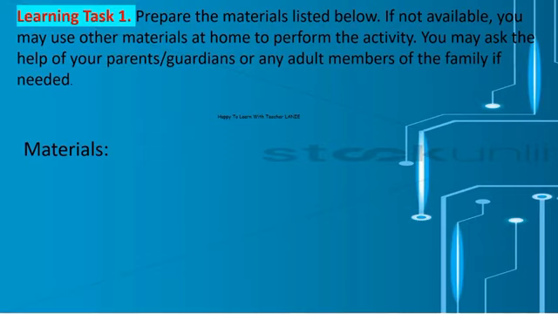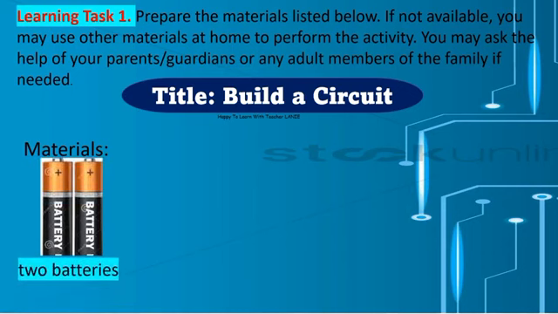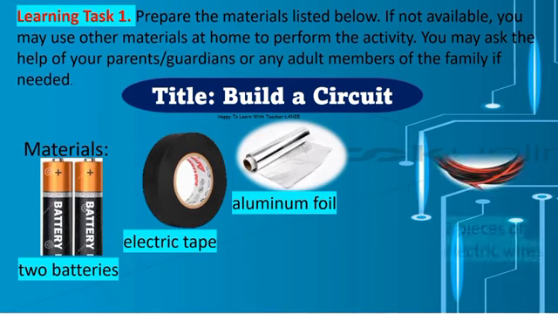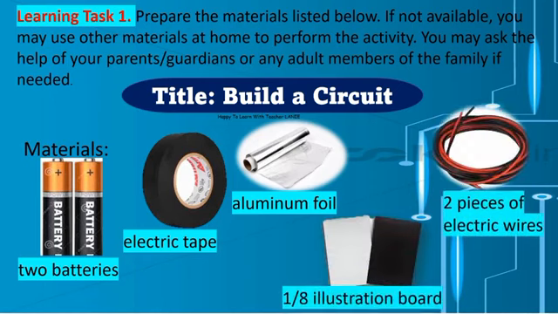You may ask the help of your parents or guardians or any adult members of the family if needed. Title: Build a circuit. Materials: 2 batteries, electric tape, aluminum foil, 2 pieces of electric wires, 1/8 illustration board.